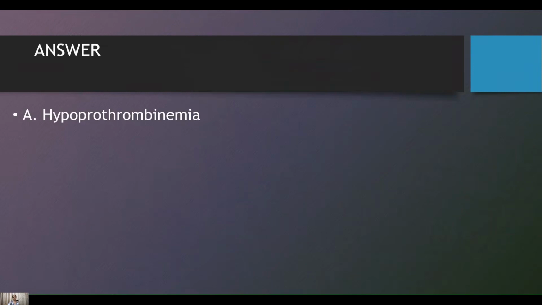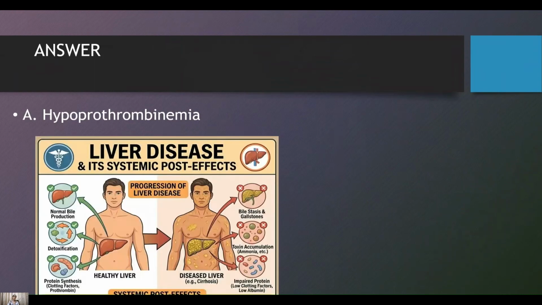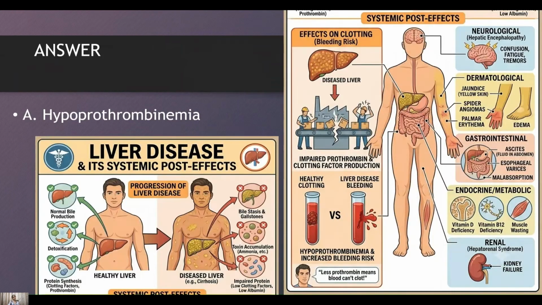Hyperproteinemia. So let's think about the liver as our body's ultimate central manufacturing plant. One of its most crucial daily jobs is producing essential blood clotting factors including prothrombin. When the liver is diseased, cirrhotic or damaged, its production line slows down drastically.